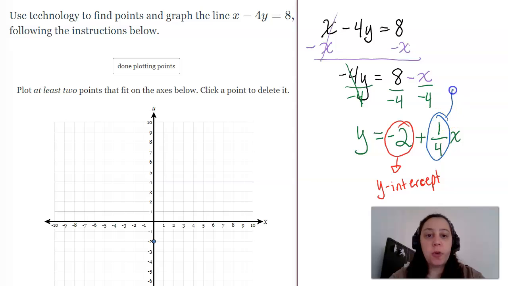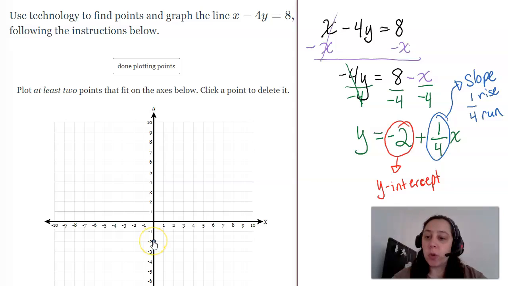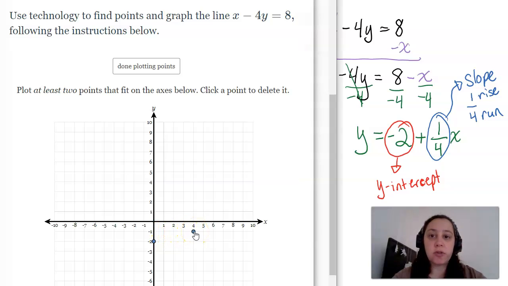This 1 over 4 is my slope, and it tells me that my rise is 1 and my run is 4. So from this point, I'm going to go up 1 because 1 is positive, and to the right 4. And I can continue to do that again and again. Up 1, to the right 4.